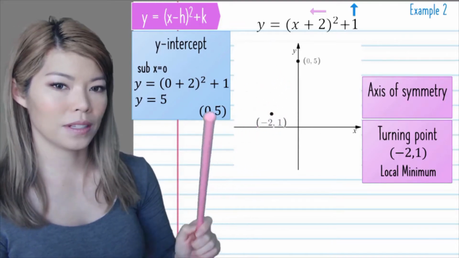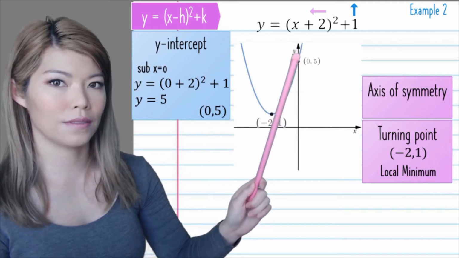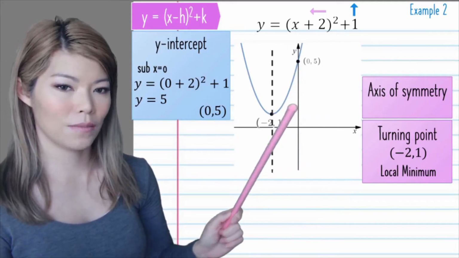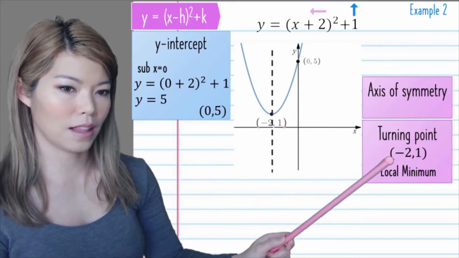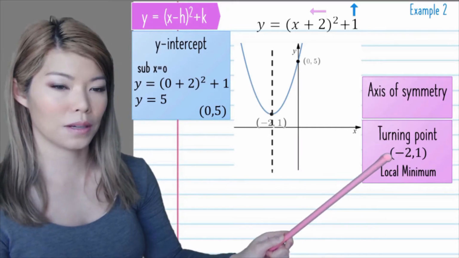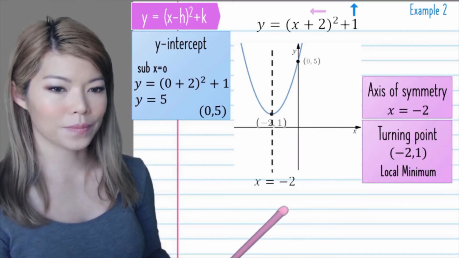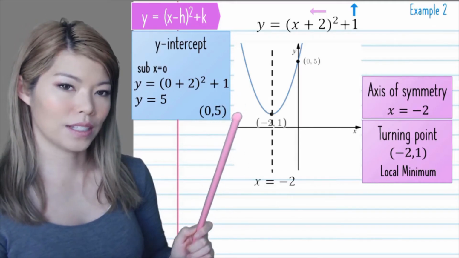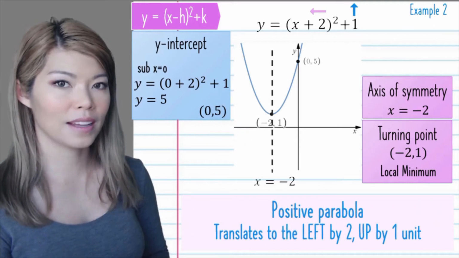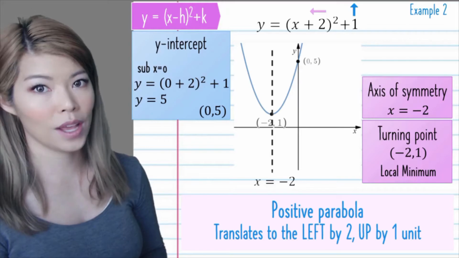And since it's a positive graph, we can draw a positive curve, and the axis of symmetry is the same value as the x value of the turning point, so x equals -2. And we describe this graph as a positive parabola that has been translated to the left by 2 and up by 1.